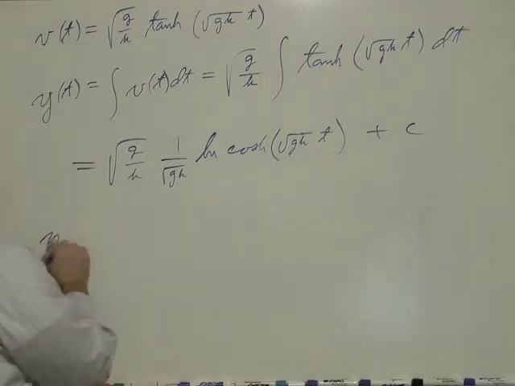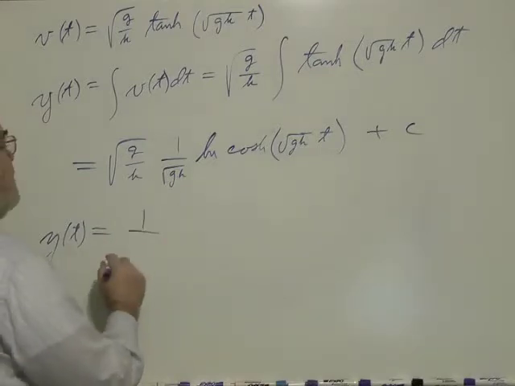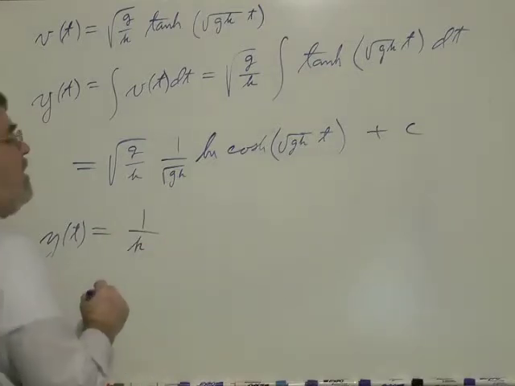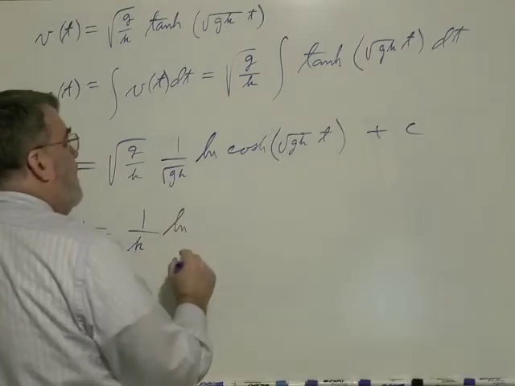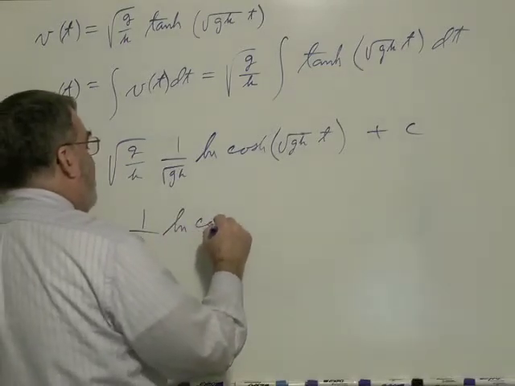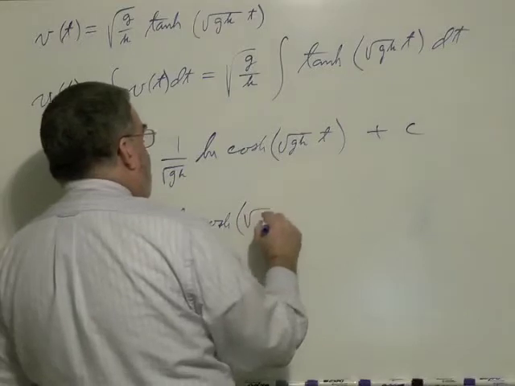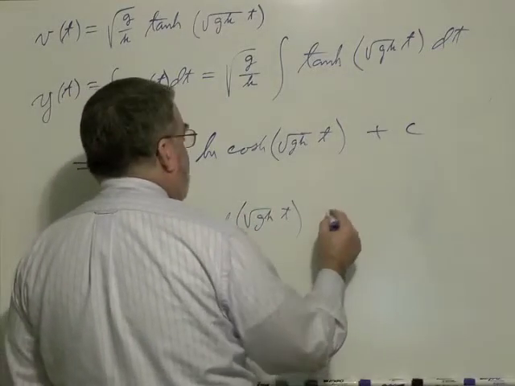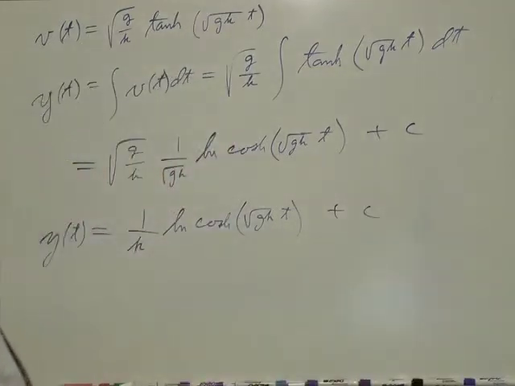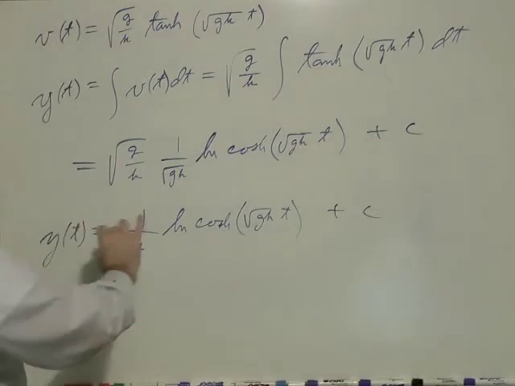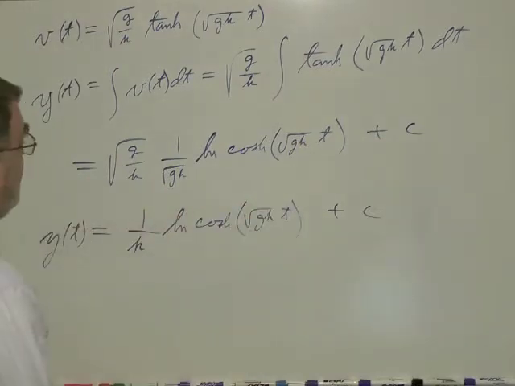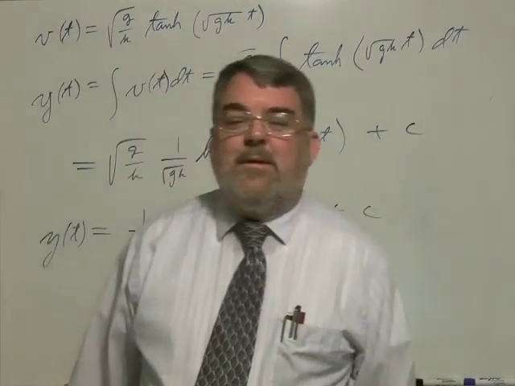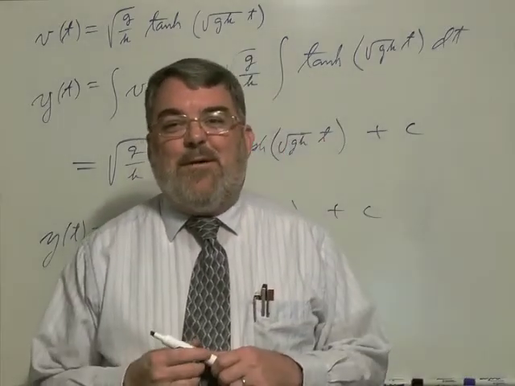So when we clean this up, the position function is going to be 1 over k times natural log cosh of the square root of gk times t, and then plus a constant. And there we go. So we have velocity and position. So those functions, I'm going to go on and do that free fall problem out of the airplane.